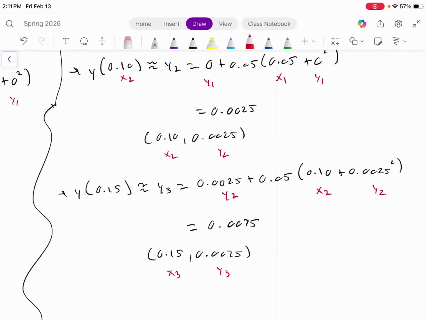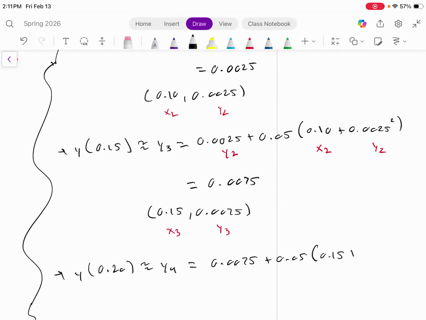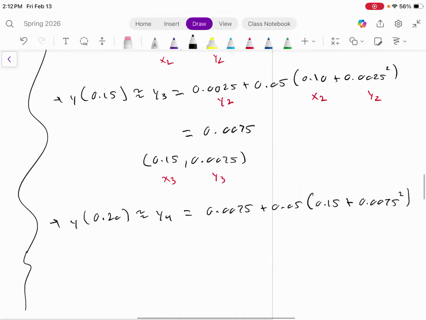Okay, so still not there yet. We need y of 0.2, but increasing the step size is going to get us there now. So this is approximately y4, and so this would be 0.0075 plus 0.05 times 0.15 plus 0.0075 squared. Okay, so this ends up being 0.0150.